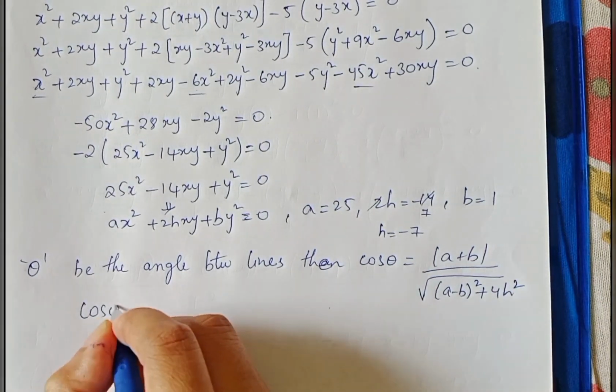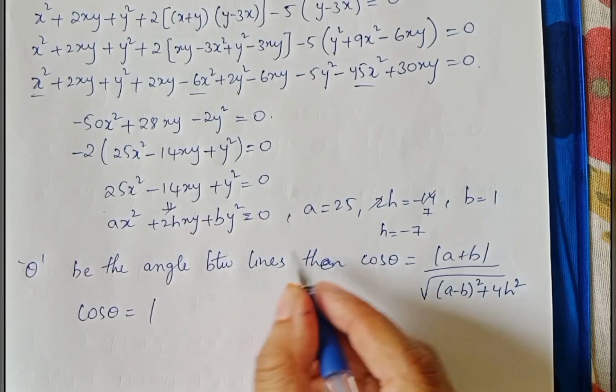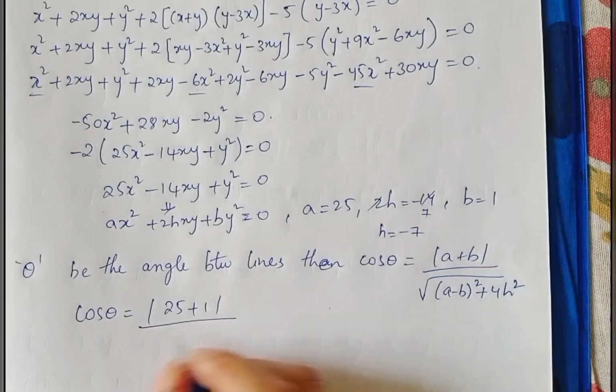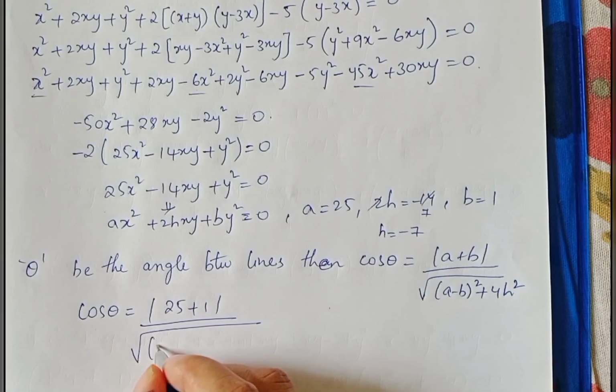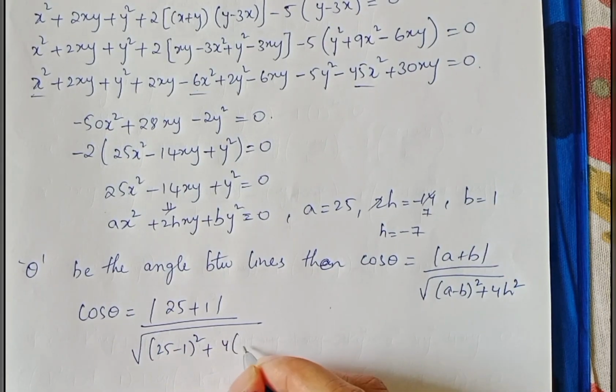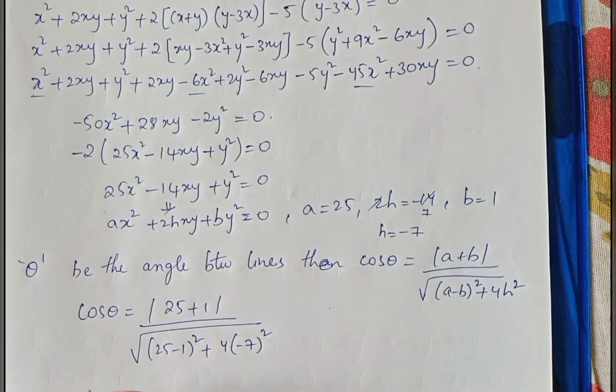So cos theta is equal to mod of the value of a, 25, b is 1, 25 plus 1 by root of 25 minus 1 whole square plus 4 into minus 7 whole square.